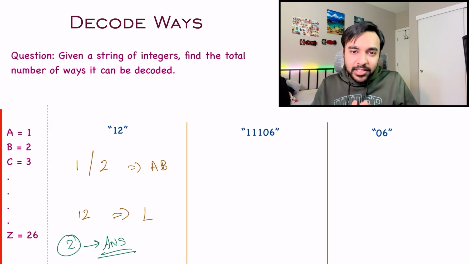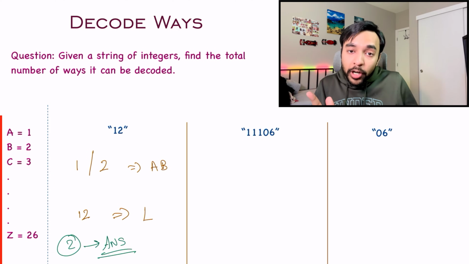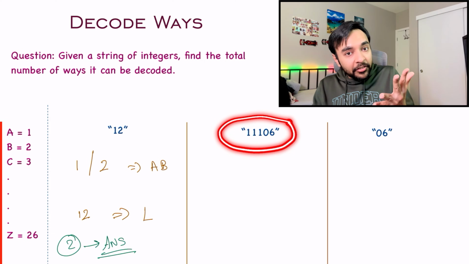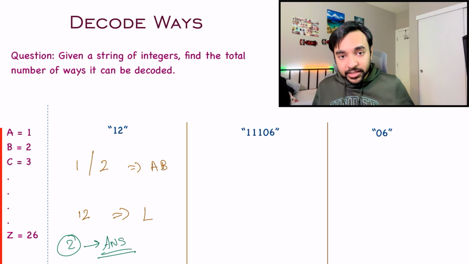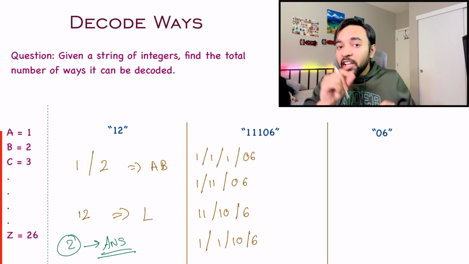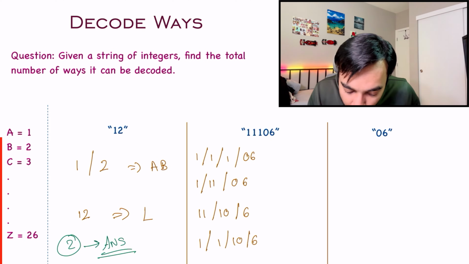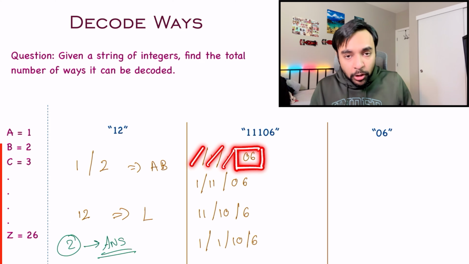The problem starts getting trickier when the length of your input string begins to increase. For example, in your second test case, my input length is 5 characters. So you can split it up in a lot of different ways. Now, if you try to map all of these splits into their characters, you can map 1 to A, 1 to A, and 1 to A. But what about 0, 6?